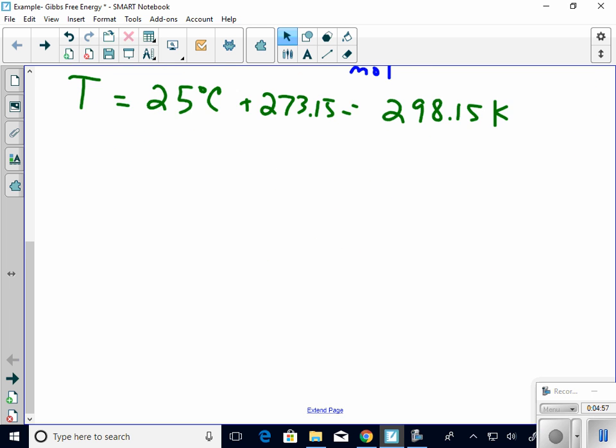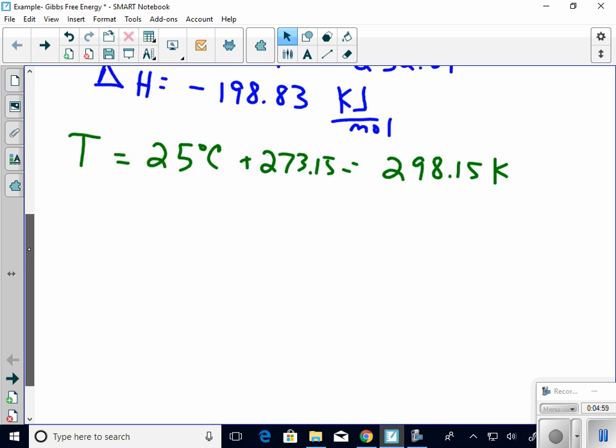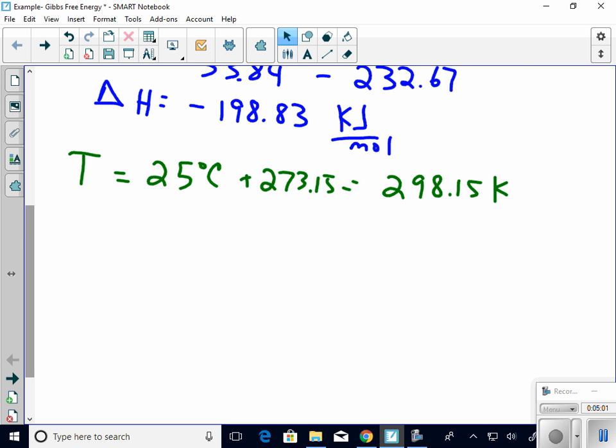Now my final one is going to be my entropy. So, my entropy of my first product, NO2 as a gas, and I'm looking at my third column there, 240.45.